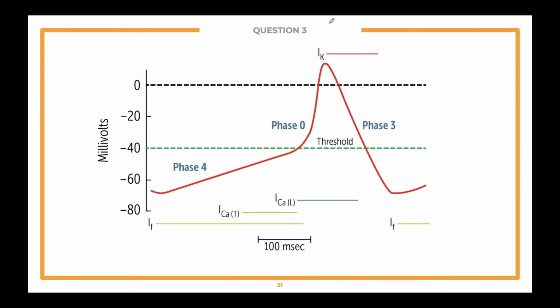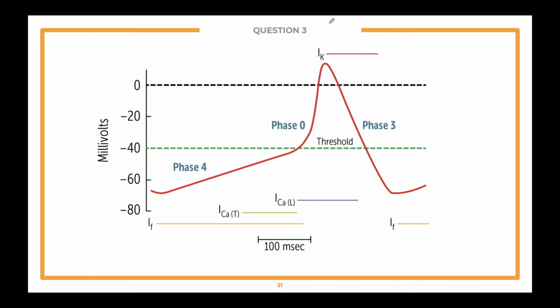And remember, our action potential is different between pacemaker cells and myocyte cells. We do not have all of those phases in a pacemaker potential that we do in a myocyte potential. We have phase 0, phase 3, and phase 4. And phase 4 is the important line here.